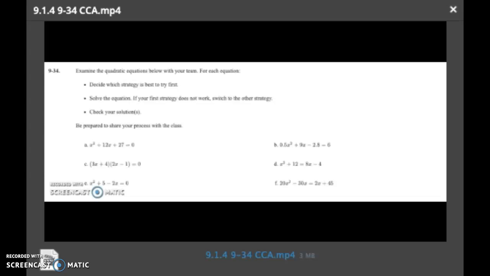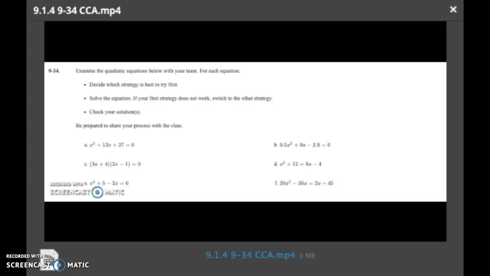So I think I'm going to be able to do my generic rectangle and my diamond, then I would choose the zero product property, okay? If I'm looking and I'm seeing equations that have really big, ugly numbers, or they have decimals and fraction coefficients, then my easiest method is going to be to use the quadratic formula.